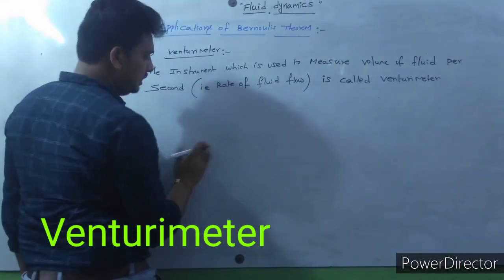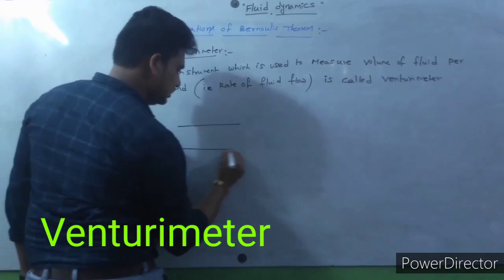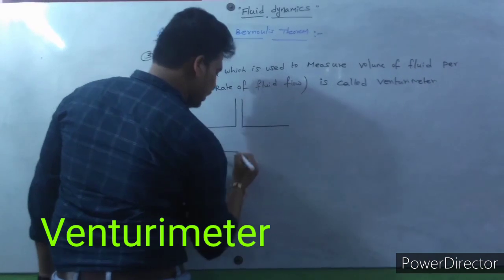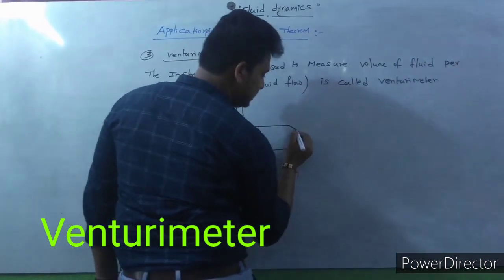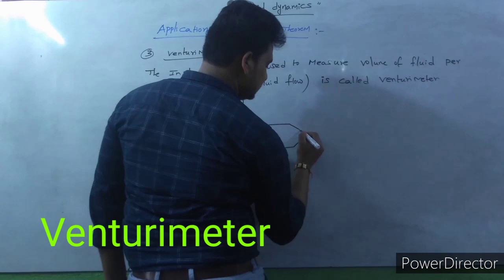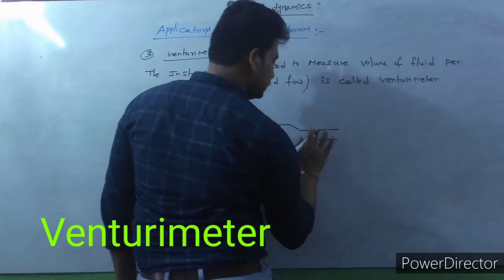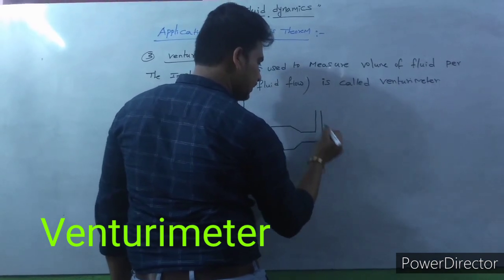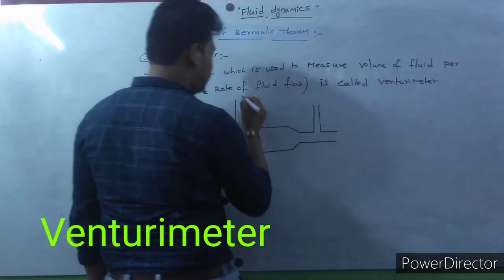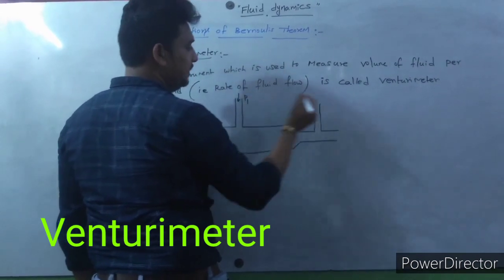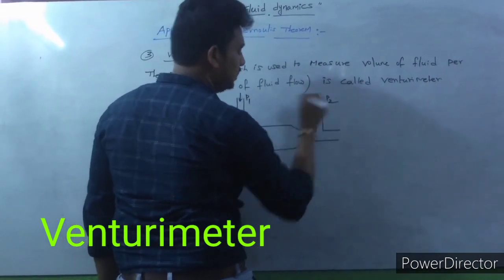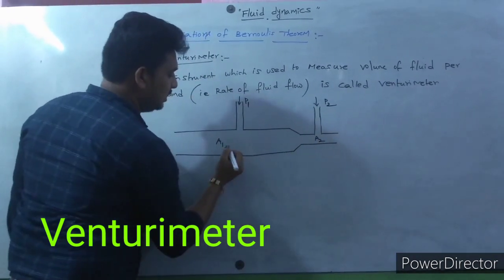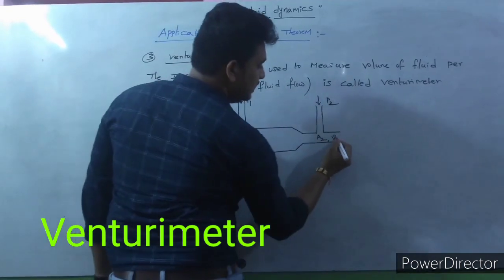So the Venturi meter is designed like this. Here is pressure P1, here is pressure P2. Here area is A1, here area is A2. Here velocity is V1, here velocity is V2.